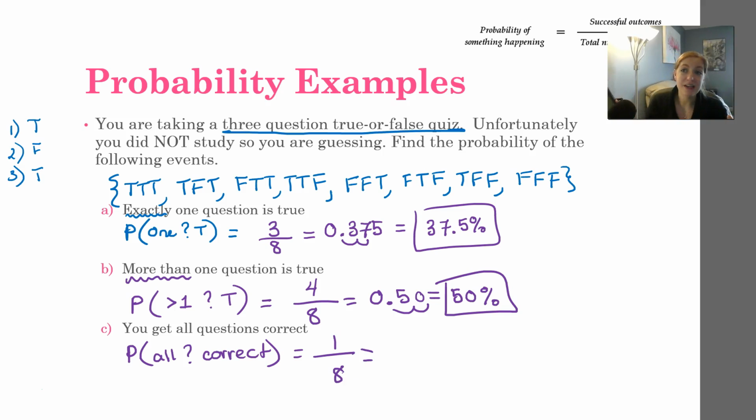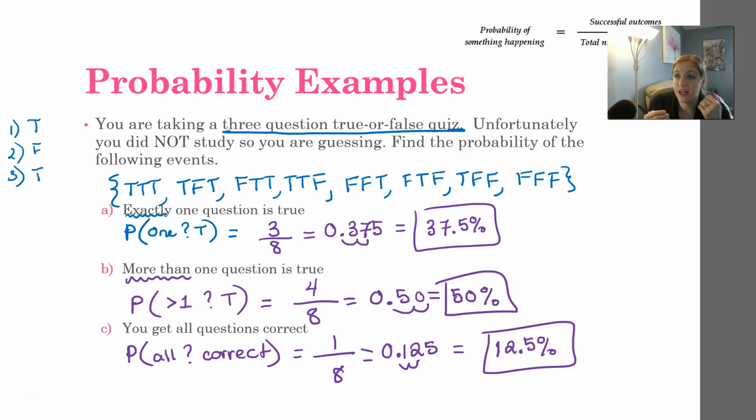So if you were to randomly guess, what's the probability that you would be 100% correct? It would be 1 divided by 8, which is 0.125, which, move that decimal 2 spots, 12.5%. So you have about a 12.5% chance of getting 100% right just by guessing.